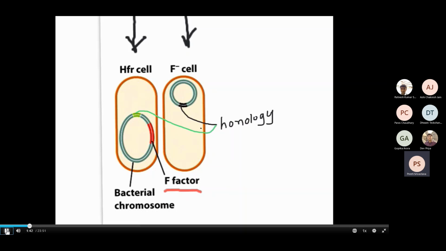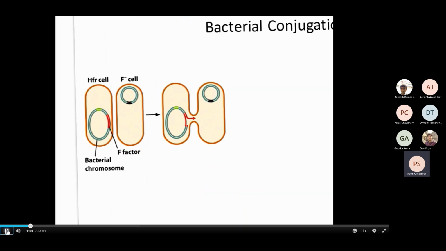So now let's examine what happens during conjugation. During conjugation, a pilus forms from the HFR cell that builds a physical contact with the F- cell. And then, starting at the fertility factor origin, the bacterial chromosome is replicated through a process called rolling circle replication, where replication begins at the origin, indicated by this arrow, and continues along the bacterial chromosome.